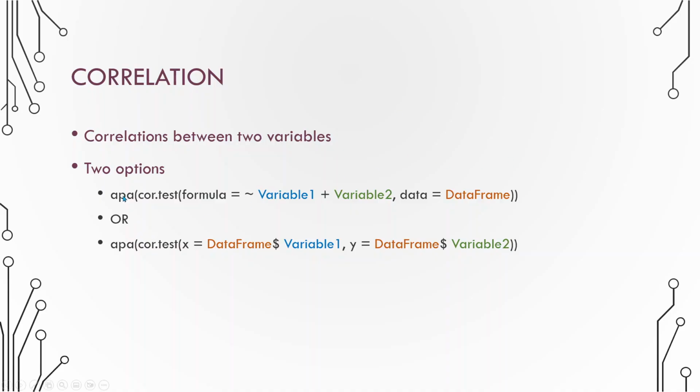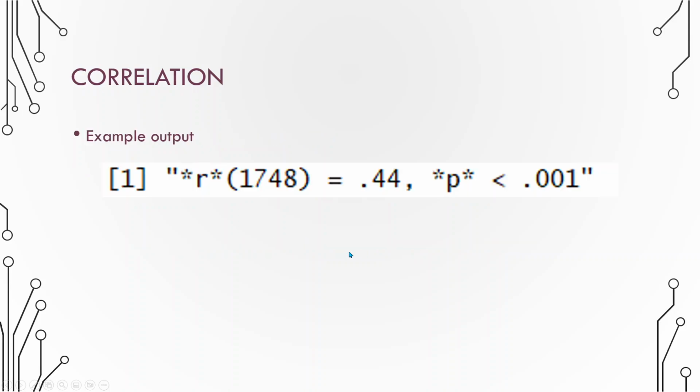You can do apa, and then in parentheses, cor.test, and then formula equals, and you can just list variable 1 and variable 2, and then specify your data frame. Or you can do x equals, your data frame name, dollar sign, variable name, and then y equals, same thing for your second variable. And it's going to print out something like this in your console.